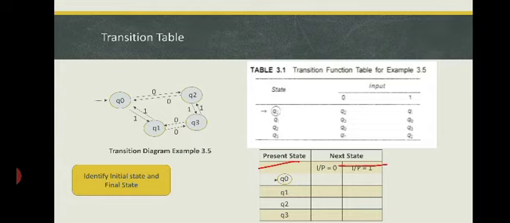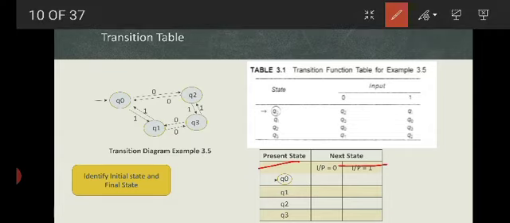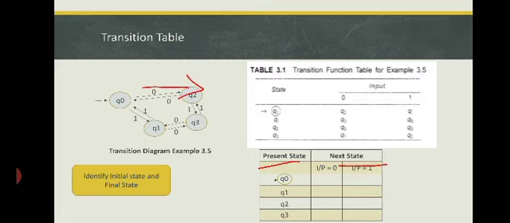So if q0 is the current state and the input provided is 0, then it goes to state q2. Therefore we will write q2 in this column. q0 with input 0 is transiting to q2. Then q1 with input 0 is transiting to q3, q2 with 0 is transiting to q0, q3 with 0 is transiting to q1.